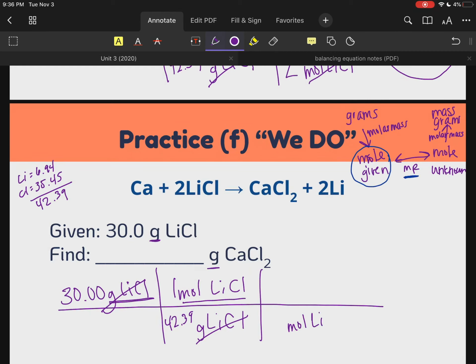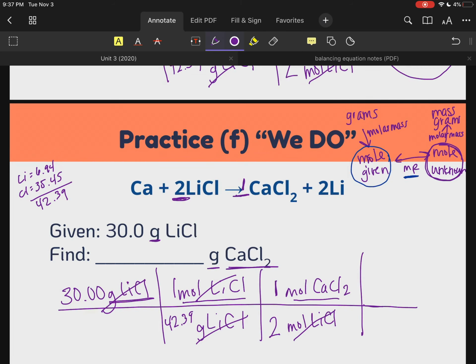Since I have moles of lithium chloride on the top, I want moles of lithium chloride on the bottom. How many do I have? 2. Since I'm looking for calcium chloride, that's going to go on the top. How many do I have? Invisible 1. Now I'm here, moles of unknown, so I can get to my grams by using my molar mass. Moles on the top, moles on the bottom.